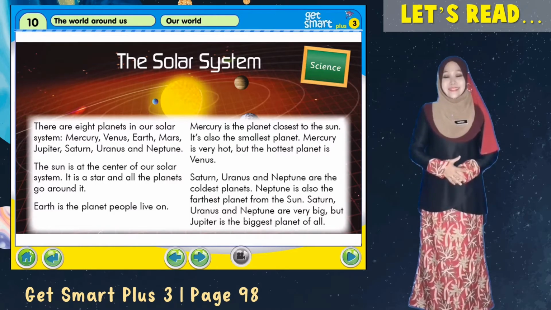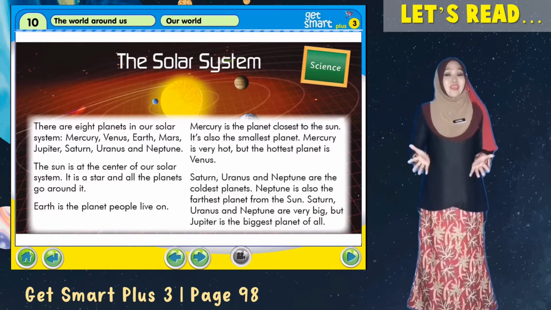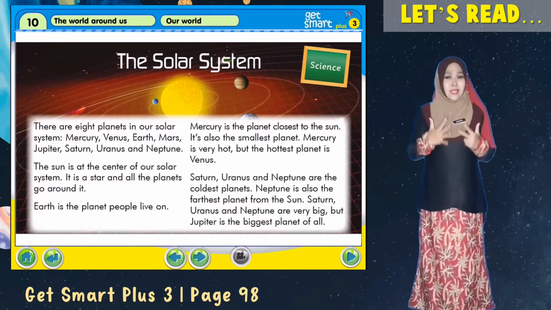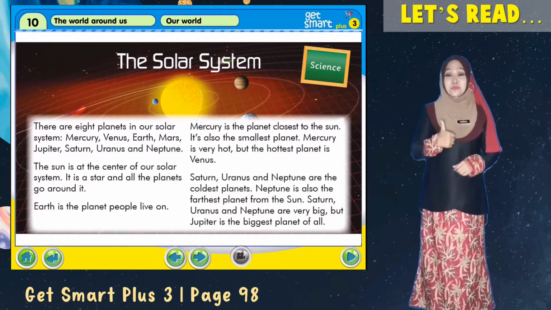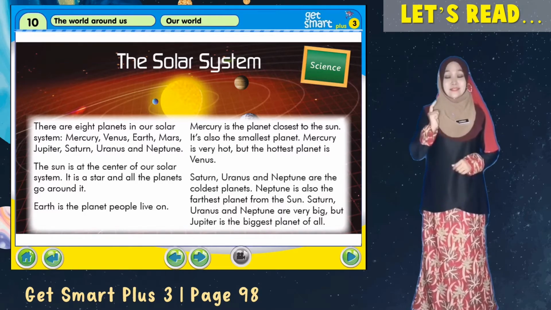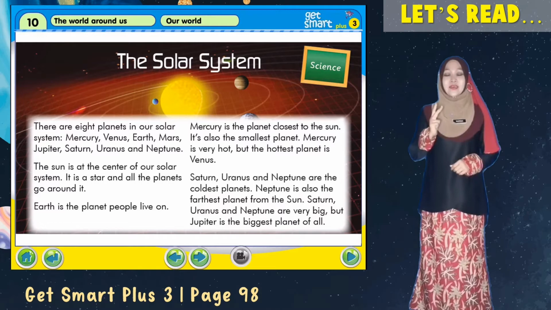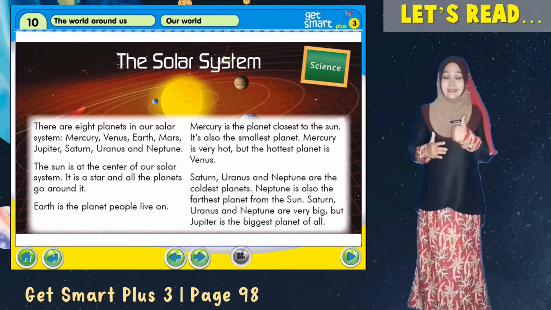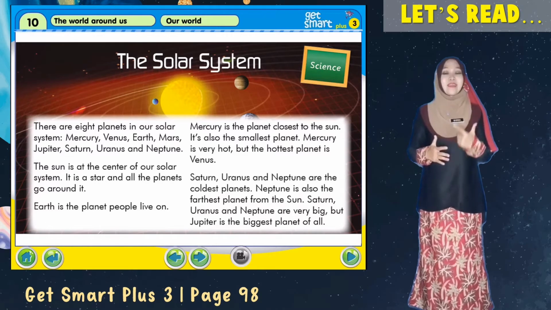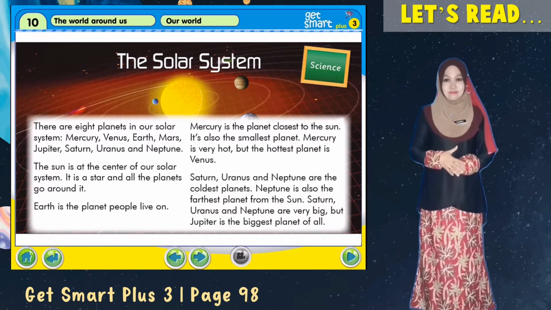The solar system. There are 8 planets in our solar system. Mercury, Venus, Earth, Mars, Jupiter, Saturn, Uranus, and Neptune.